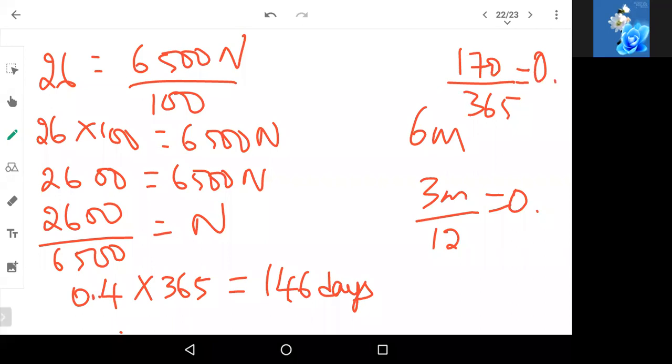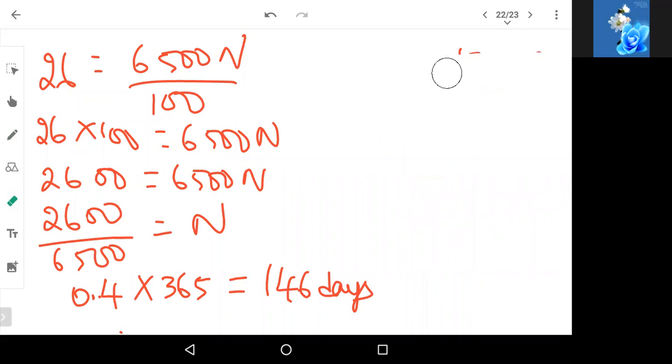Now we have to convert this point to months or days. We are converting them into days because we have to find the exact date. I'll repeat that again. We have got 0.4 as the value for N. Now, if you multiply this with 365, you will get the number of days.